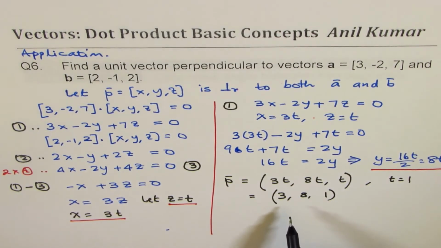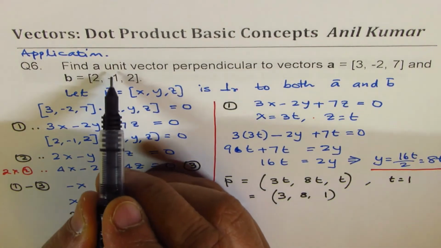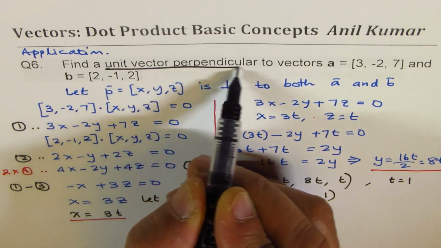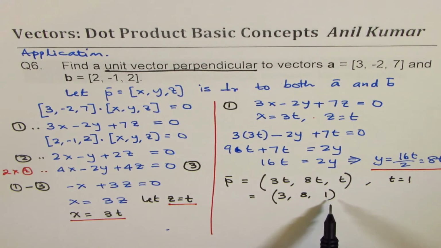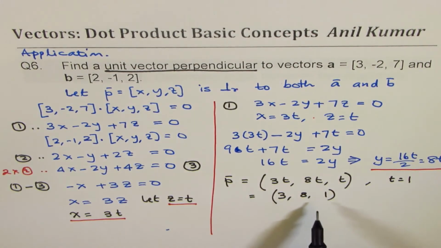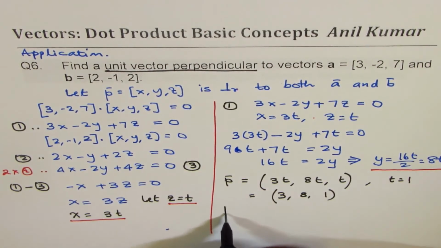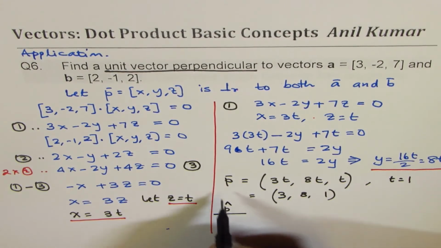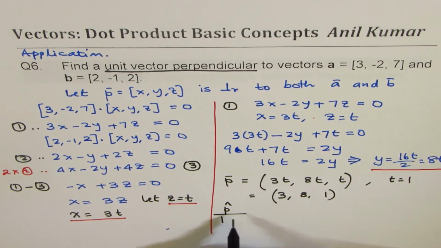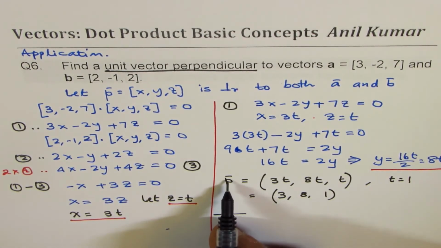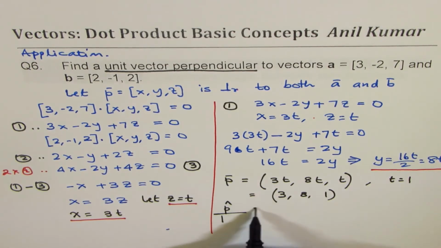But the question here is, you need to find a unit vector perpendicular. Now this magnitude is not 1. To make it 1, what do we get? So the unit vector will be, you have to divide this vector by its own magnitude. Is it okay? To get the unit vector.